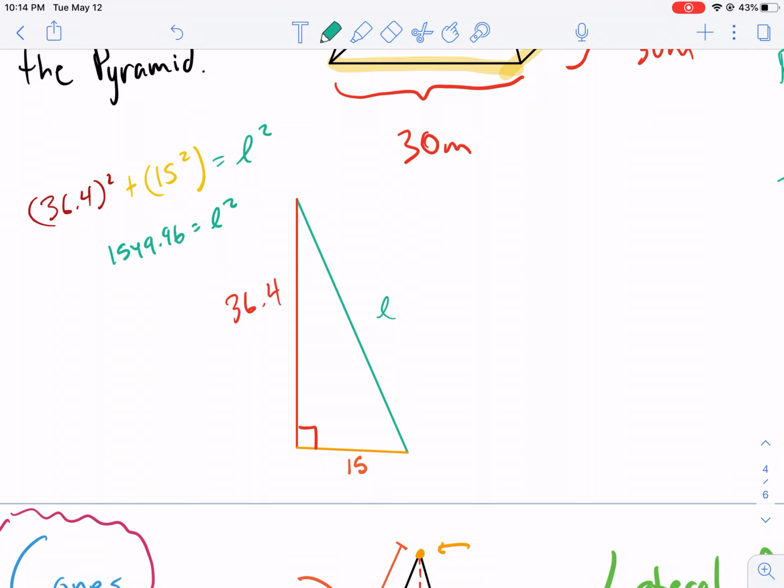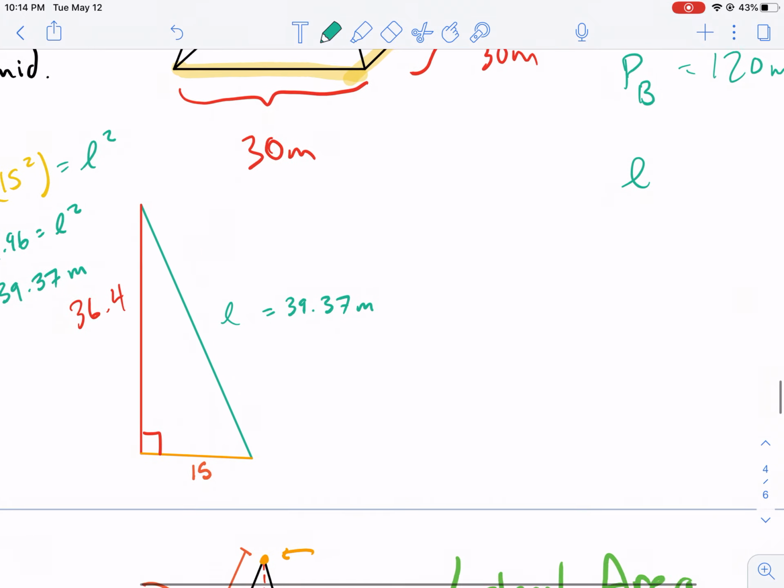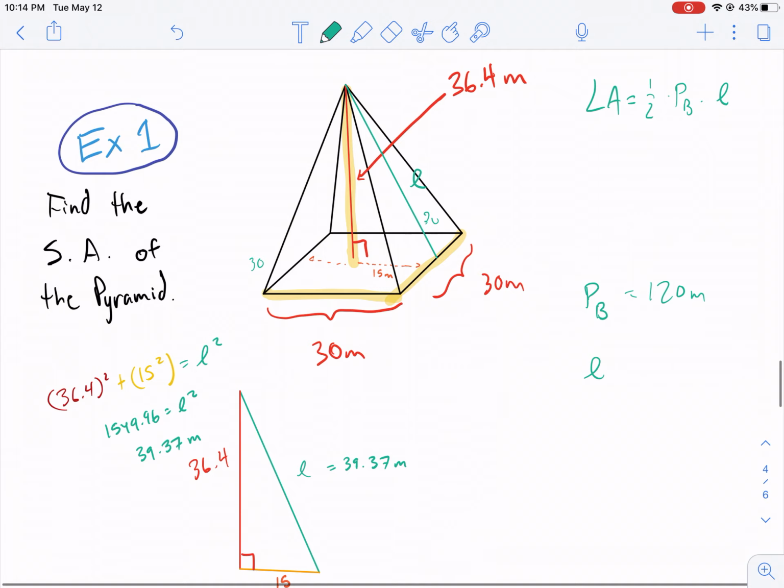Now I need to take the square root of it to get L by itself, and I get 39.37 meters, so almost 40. If you wanted to, you could round to 40 to make it easier, but no, let's be specific here. Let's be mathematicians.